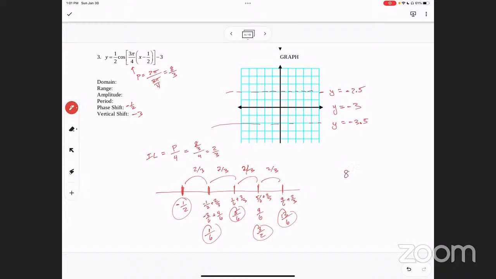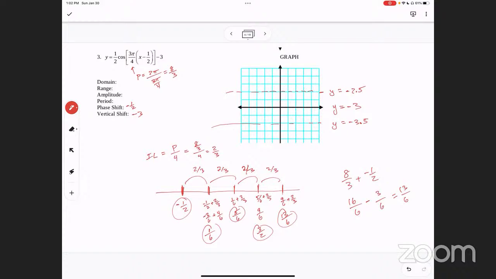What's 8/3 plus negative 1/2? That's 16/6 minus 3/6, which is 13/6. Oh, I guess it is right. You should end up at 13/6.